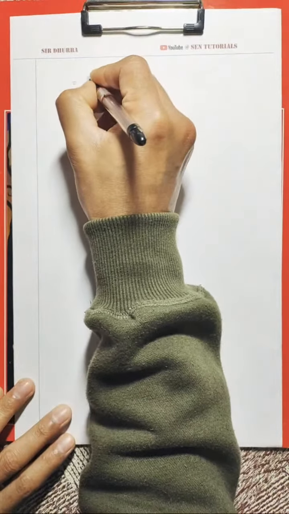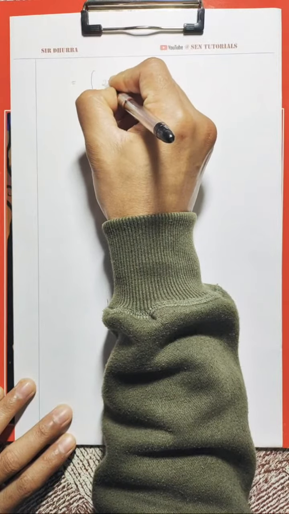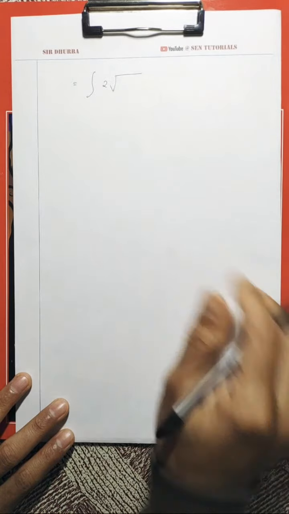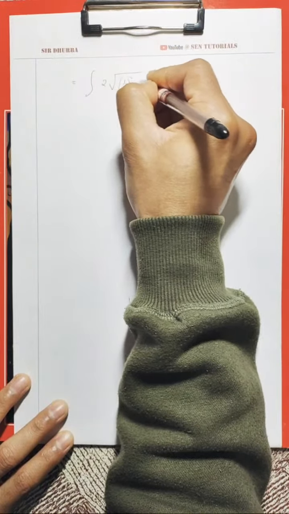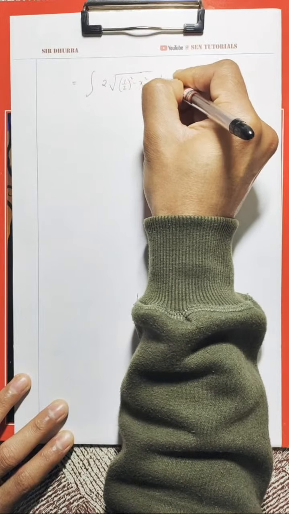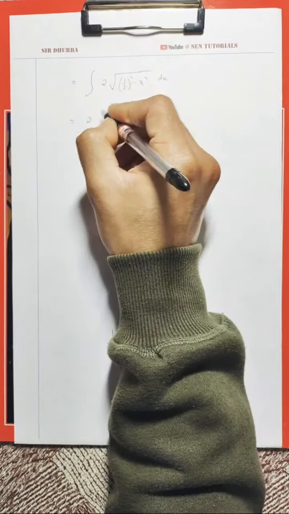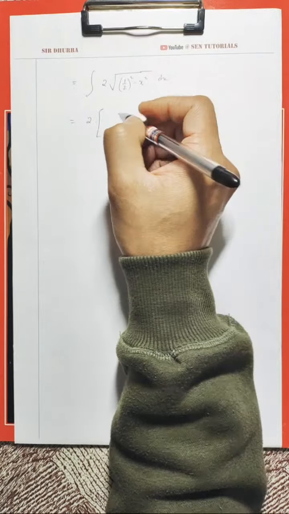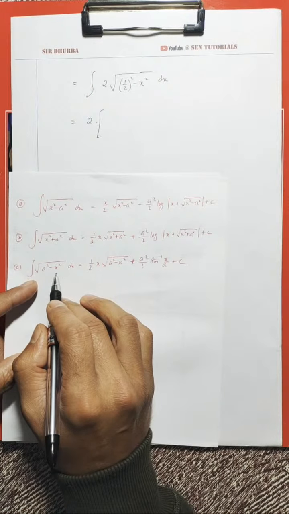So that would be integral of 1 by 4, 4 that will be 2, root over of 1 by 2 square minus x square with respect to x. So 2 of course, and then this special integral. What was the formula for this? Again, just like the last one, a square minus x square.